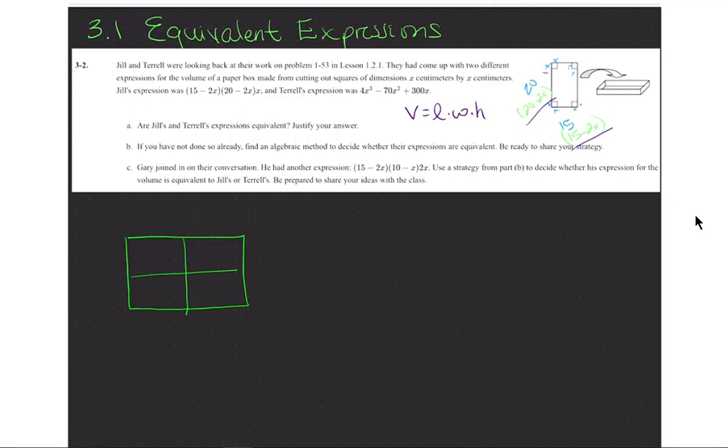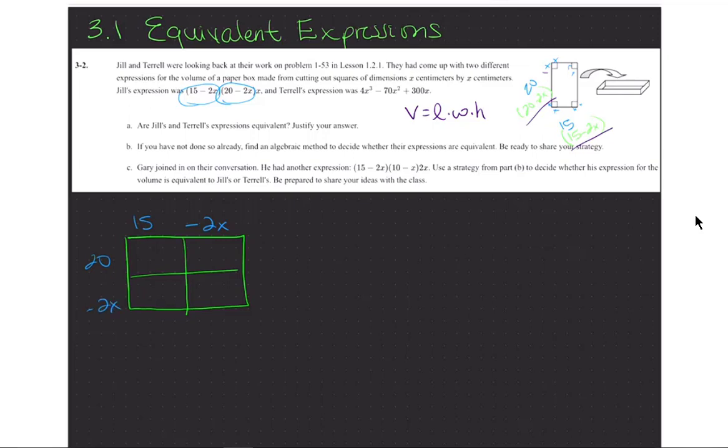All right, it's going to be a 2 by 2, and I'm going to start with these two. Whoops, it looks like I got the x in there. I'm going to start off with these two factors, or those two binomials. So I'd have 15 minus 2x times 20 minus 2x.